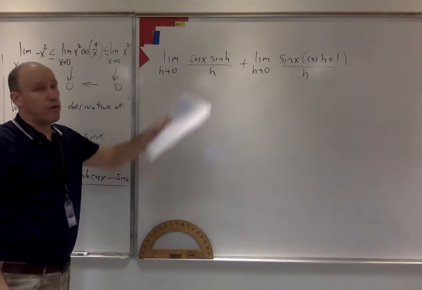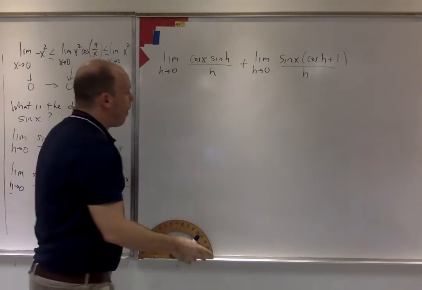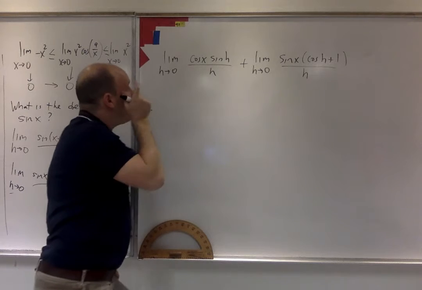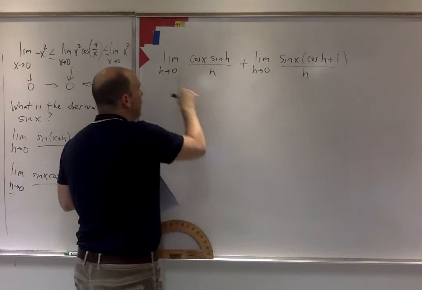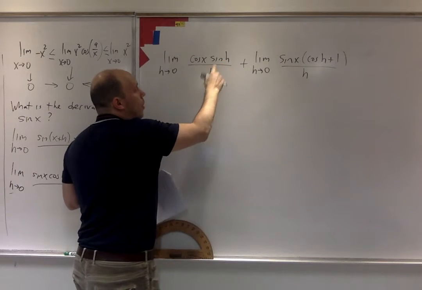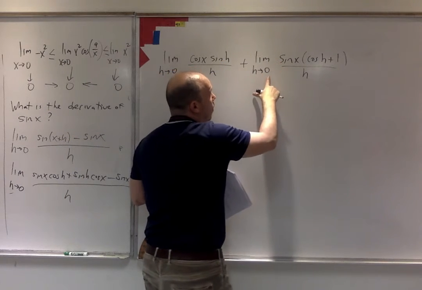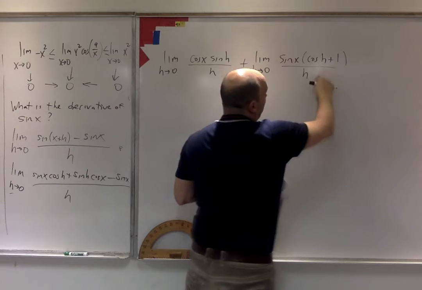So let's take a look at this first one. We're going to have to find the limit of sine of h over h, and the limit as h approaches 0 of cosine of h minus 1 over h.